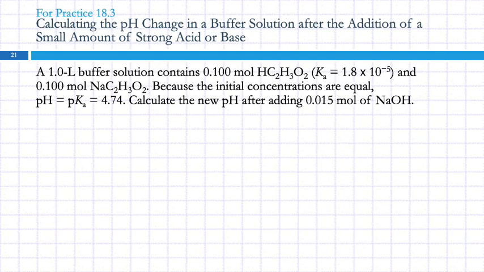In a 1 liter buffer solution, 0.1 molar acetic acid, 0.1 molar sodium acetate. Because the initial concentrations are equal, the pH is equal to pKa, which is 4.74. Calculate the new pH after adding 0.015 moles of sodium hydroxide.